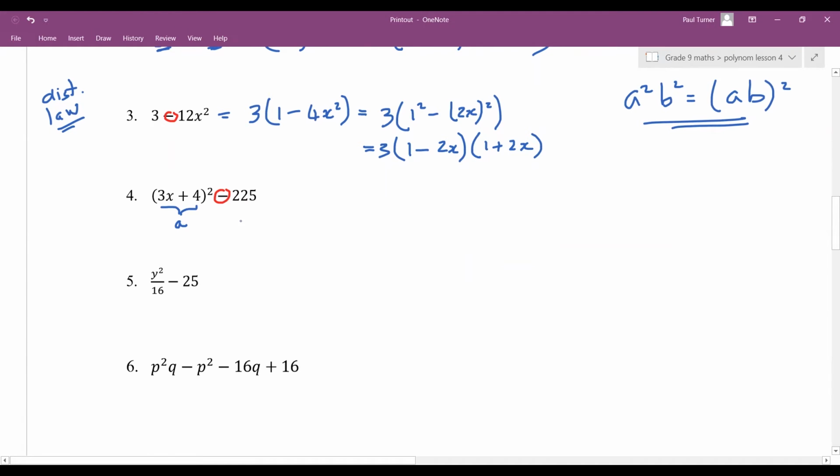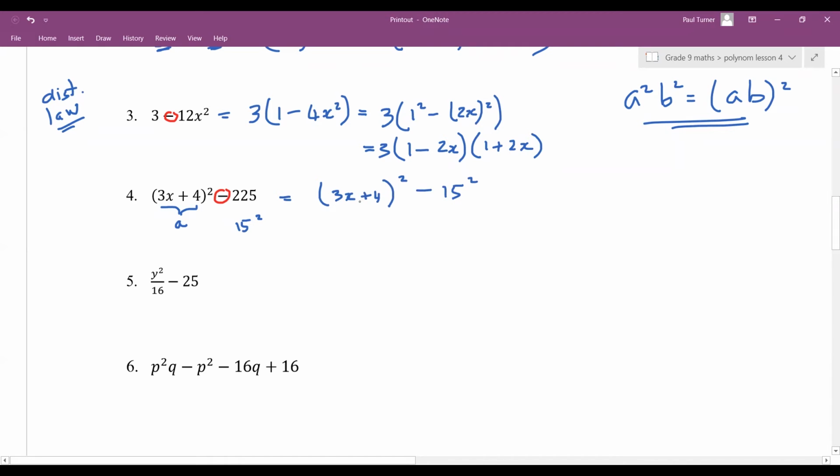B will be 15 squared, isn't it? 15 squared is 225. So what we'll do, we'll write that as 3x plus 4 squared minus 15 squared, like that.